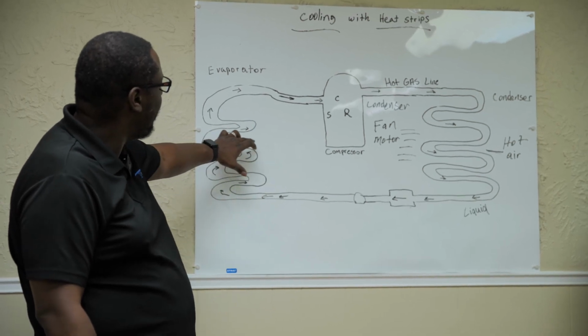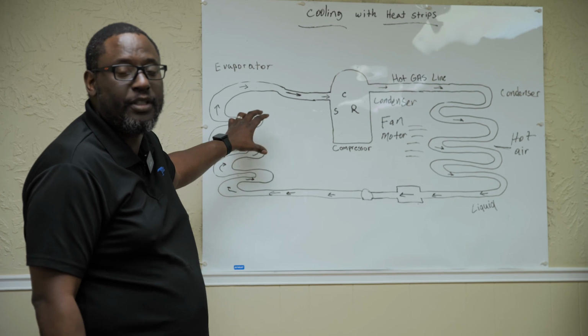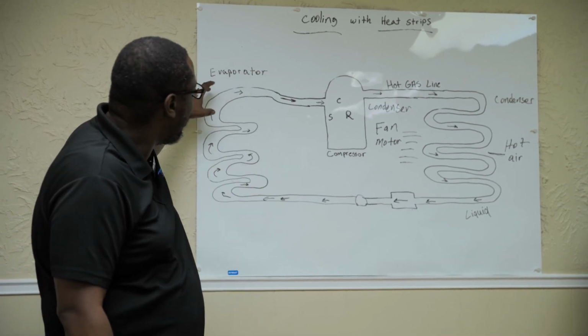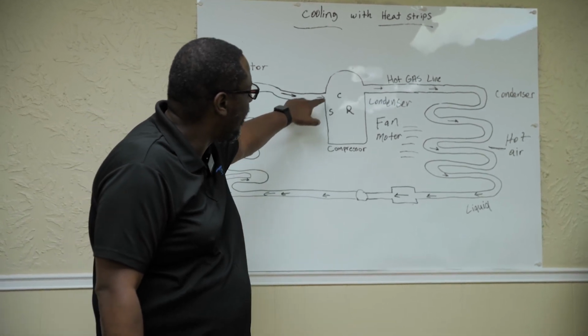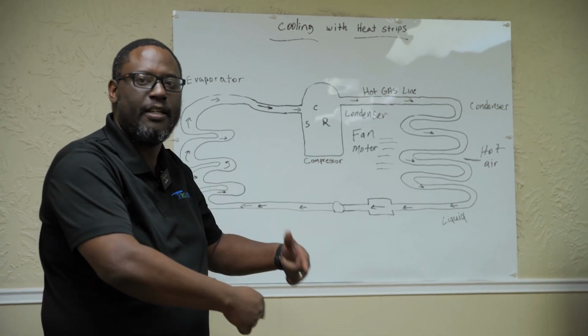But by the time it's all the way through your evaporator coil, it's 100% vapor. And it goes back as vapor into your compressor, and then the cycle begins all over again.